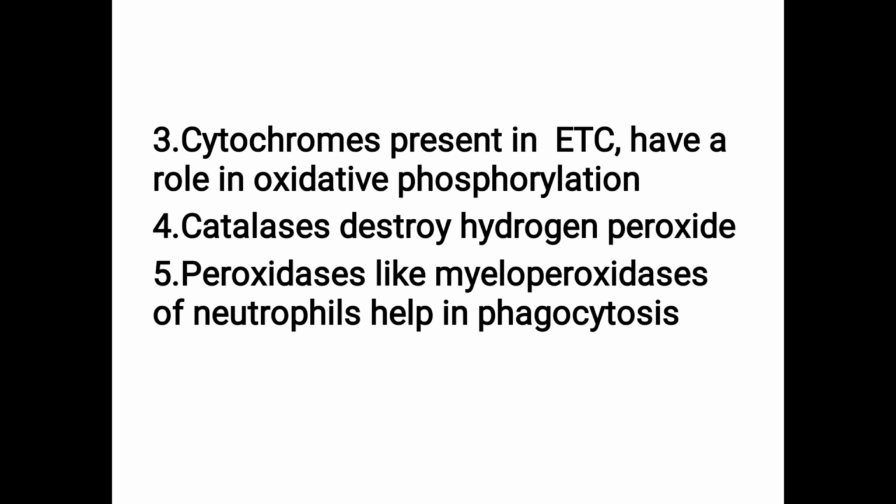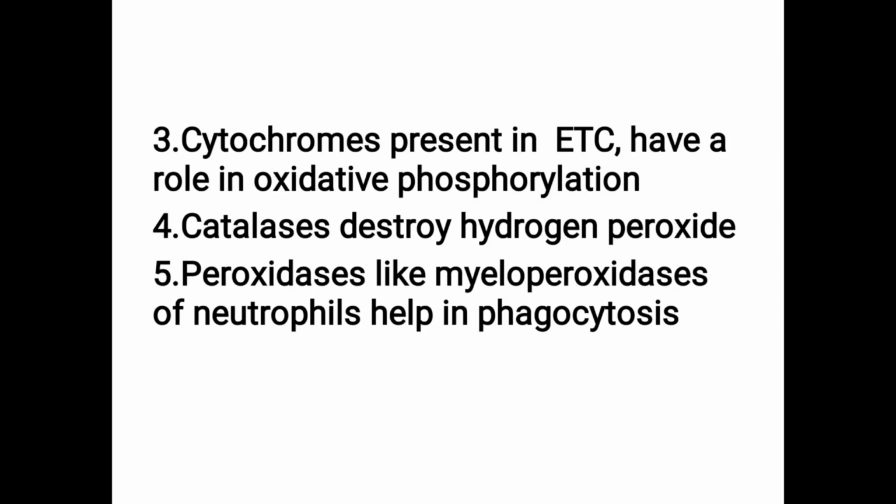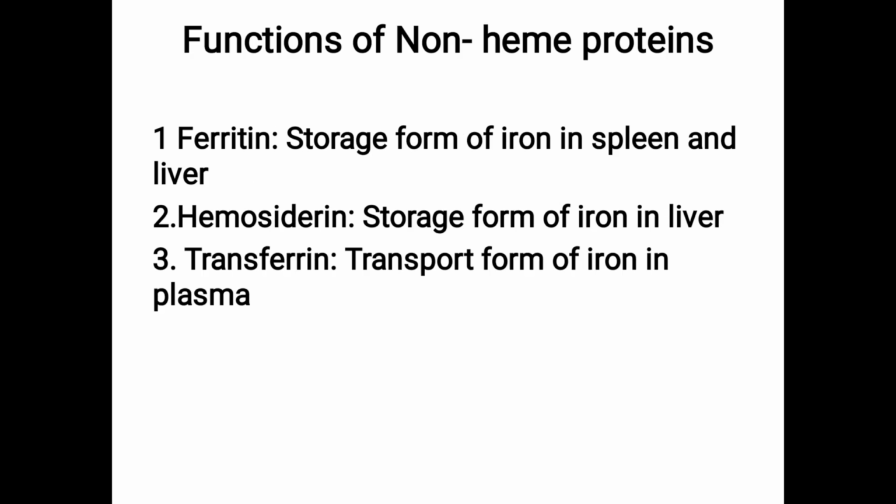Phagocytosis means engulfing or destroying foreign bodies, which we study in pathology anyway. These myeloperoxidases are heme proteins. So hemoglobin, myoglobin, cytochrome, catalases and peroxidases are heme proteins. They have their own functions.